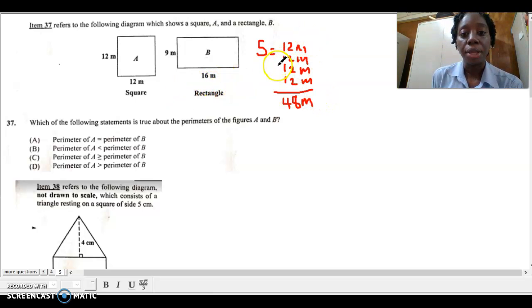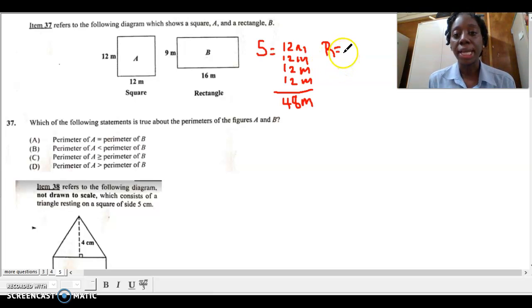Let us look at the perimeter of the rectangle. I'm going to write R for rectangle. Your rectangle has opposite sides being equal in measurement. So if the measurement of this side is 9 meters, this side is 9 meters as well.